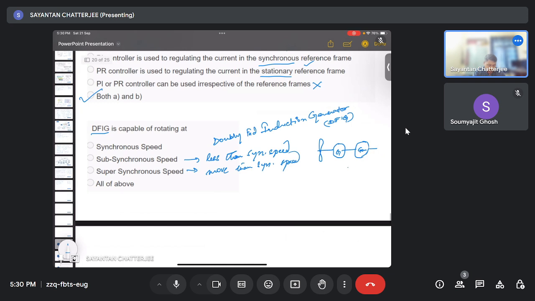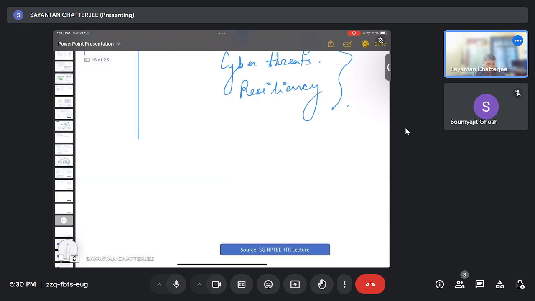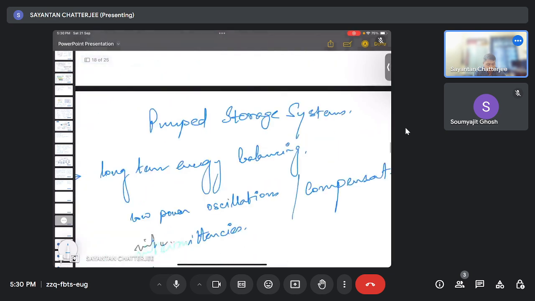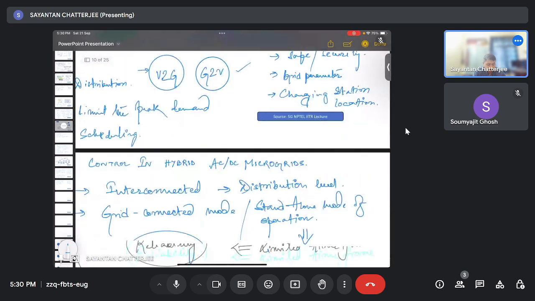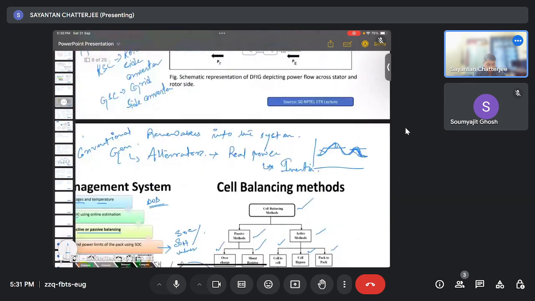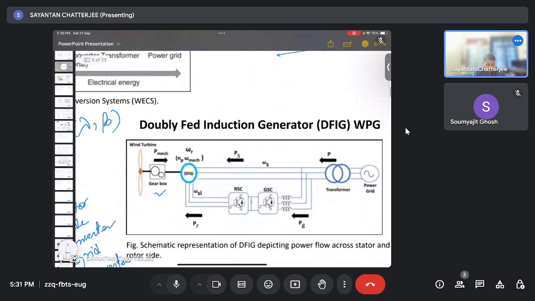We also have a feedback control. So using that diagram I'm talking about, the feedback path is there to the grid side converter, rotor side converter, DFIG.